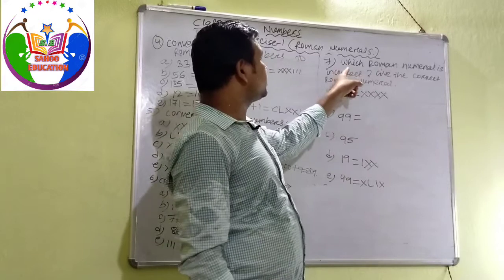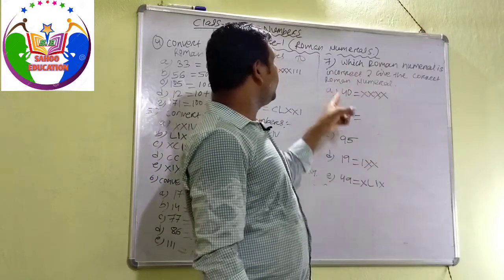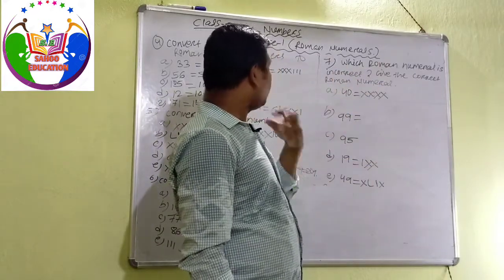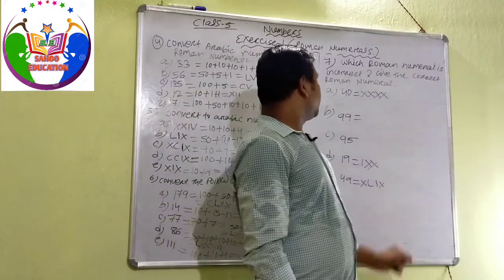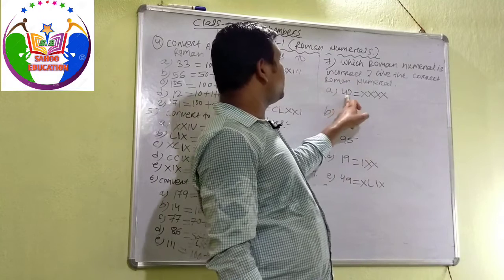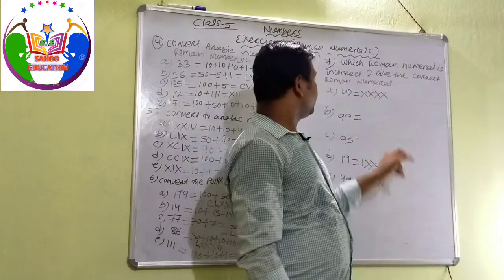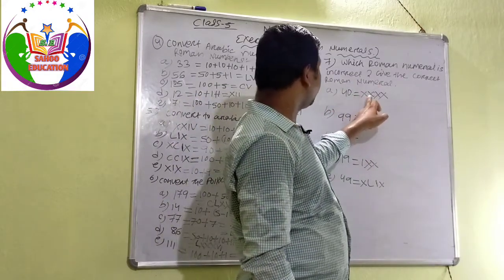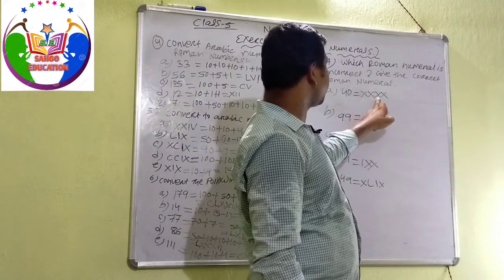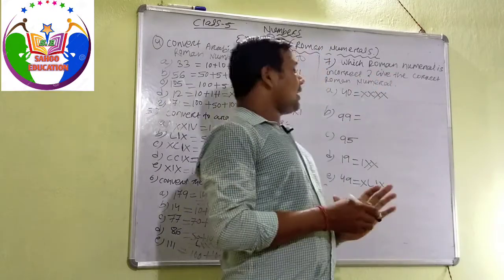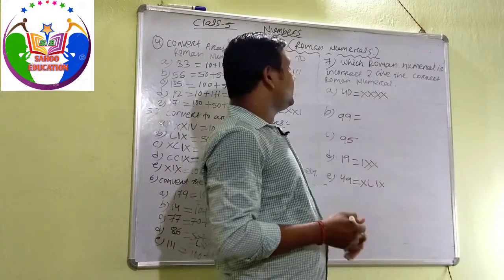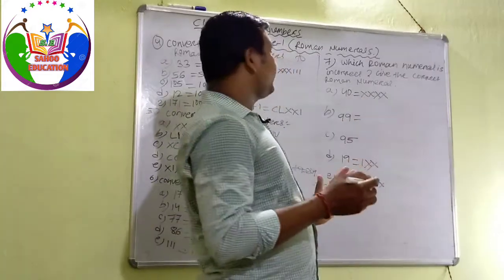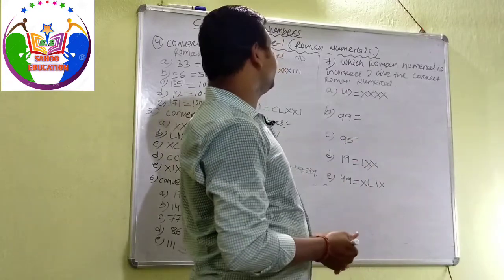Now we'll discuss question number 7. Here given, which Roman numeral is incorrect, then give the correct Roman numeral. Here students, given A equal to 40, which is written in Roman as XXXX. And I am saying here that any letter cannot be repeated more than thrice.